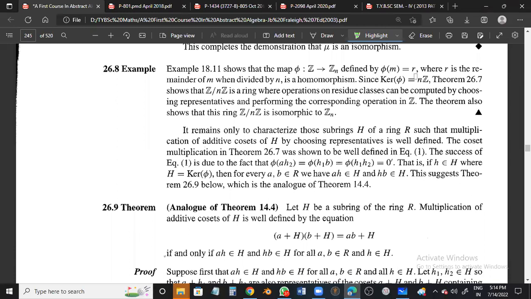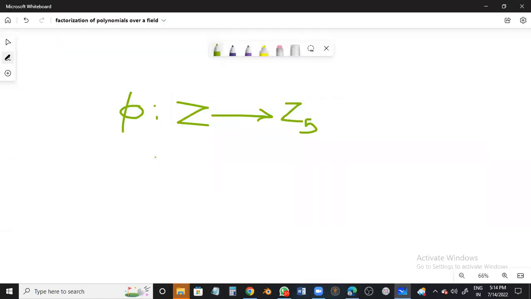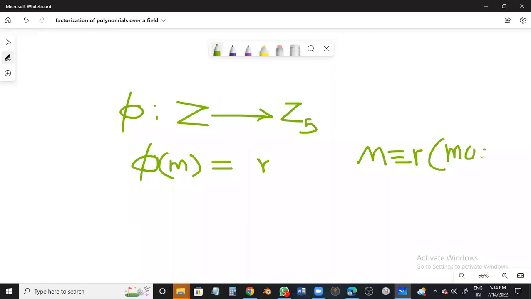Phi of M is equal to R, where R is the remainder of M, and M is congruent to R mod 5.